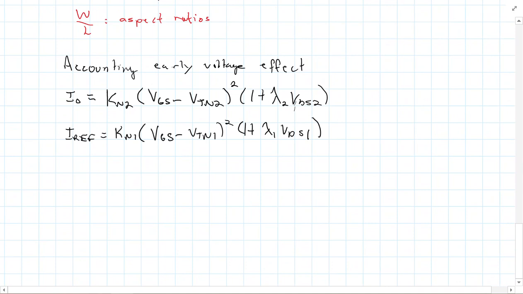And going through essentially the same kind of process where you do the ratio of I out over IREF and then do a derivative with respect to VDS1, which when we did this for bipolars, we did a derivative with respect to VCE, you get that the output impedance is equal to little RO again, which for a MOSFET is 1 over lambda ID, which in this case would be 1 over lambda times I out. So not really anything too surprising with that.